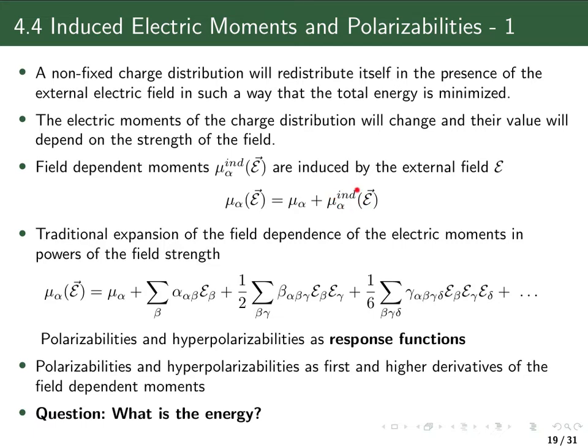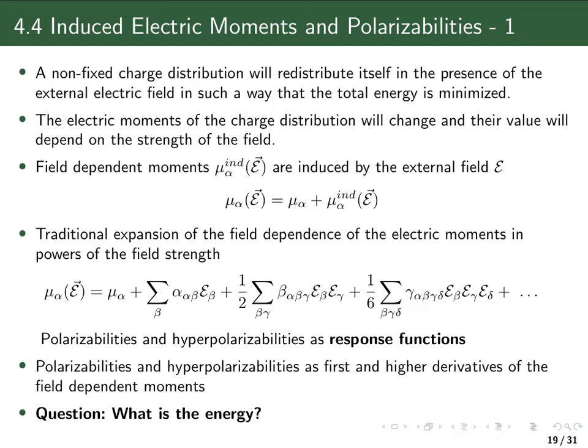Traditionally, one expresses this field dependence in terms of a power series expansion in components of the field to different powers. So the component of the electric dipole moment in the presence of the field is then the corresponding component of the permanent dipole moment, plus this power series expansion where we have increasing powers of the electric field.